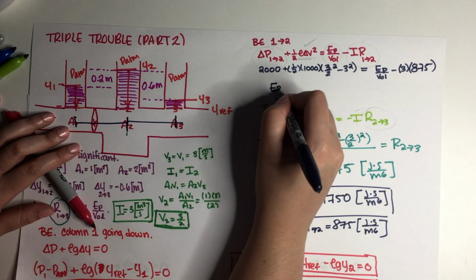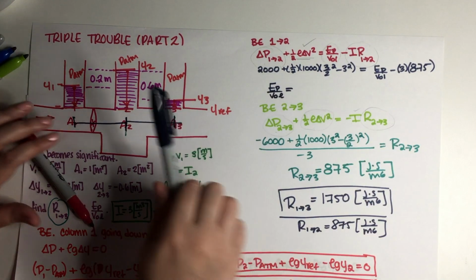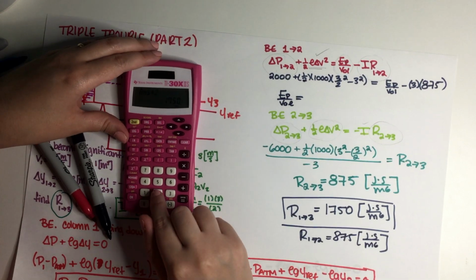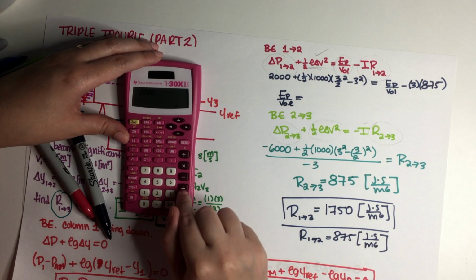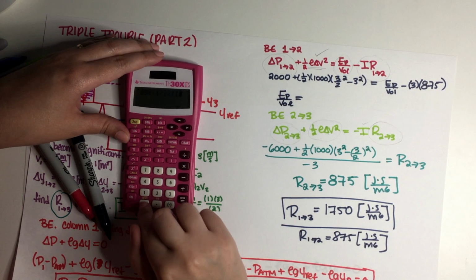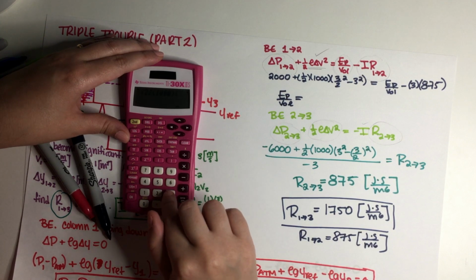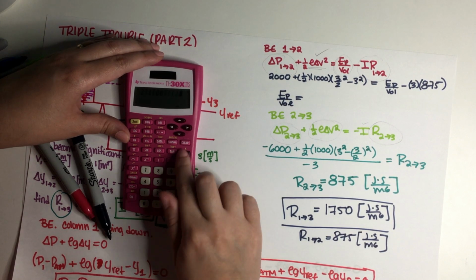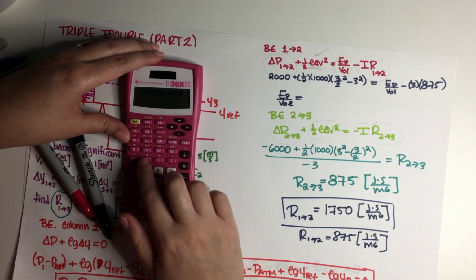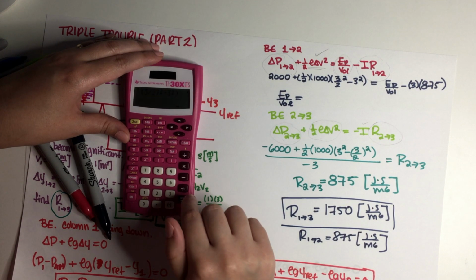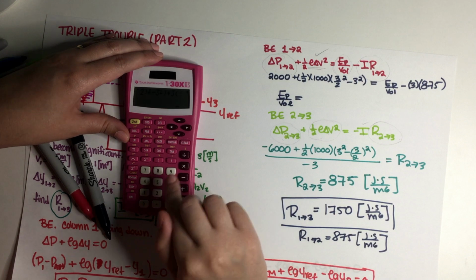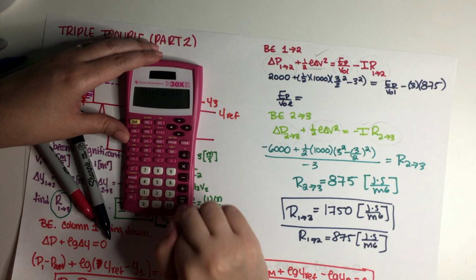So E pump divided by volume is, I just need to put this on a calculator. So this would be 2000 plus 1/2 times 1000 times (3/2) squared minus 3 squared, close, plus, because this goes to the other side of the equation, 875.